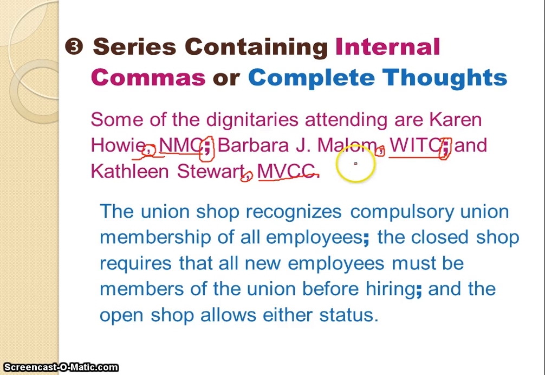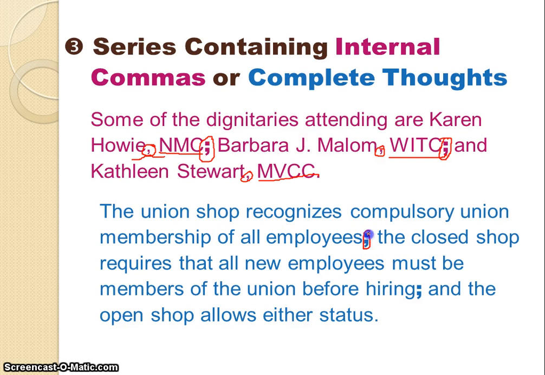All right, the union shop recognizes compulsory union membership of all employees. The closed shop requires that all new employees must be members of the union before hiring, and the open shop allows either status. Okay, so here's another series, but these are complete thoughts, or complete independent clauses.